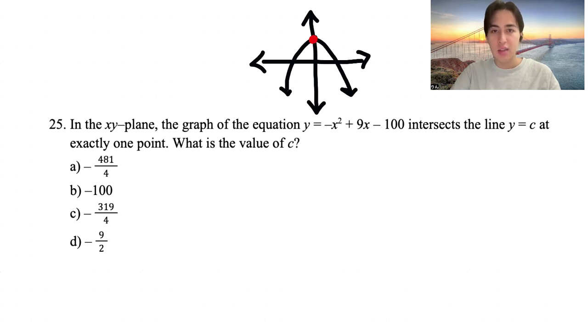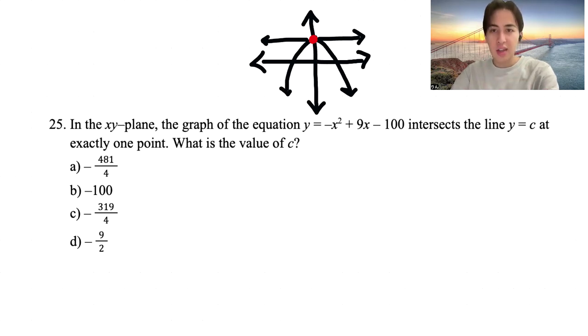This is the line y equals c, and this is the original parabola. So the only possible point where they could intersect is this red point right here, called the vertex.